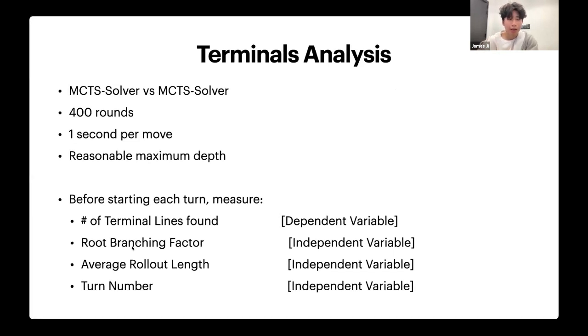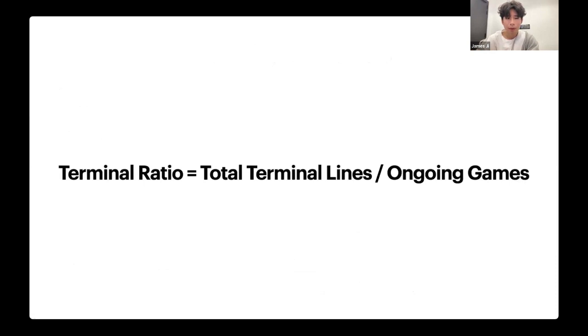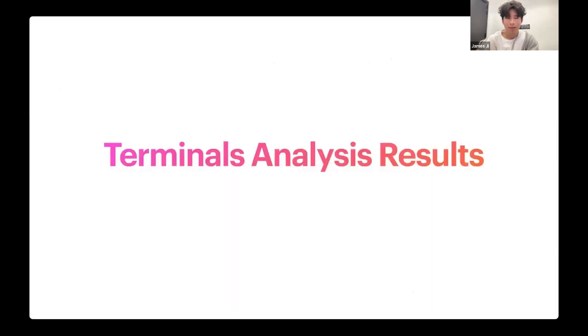And then I measured some other factors, such as the branching factor from the root node, which is how many moves there are available in this position, the average rollout length, which was the average of 1,000 random playouts. So this kind of gauges how close we are to the end of the game, I guess. And the turn number, which is just the turn number of the game. So now let's look at the results of the terminal analysis.